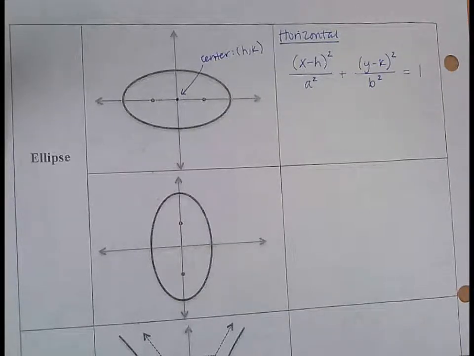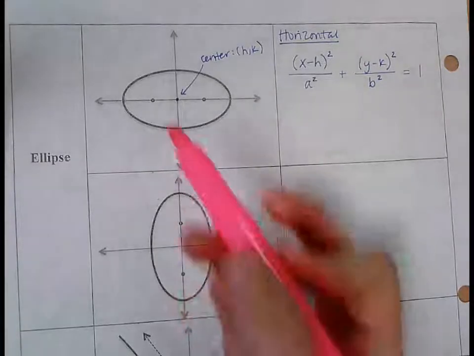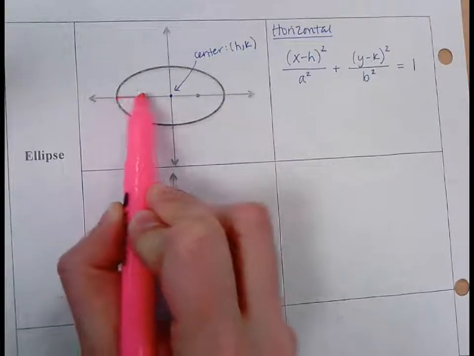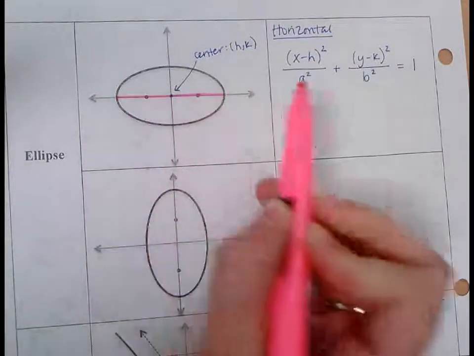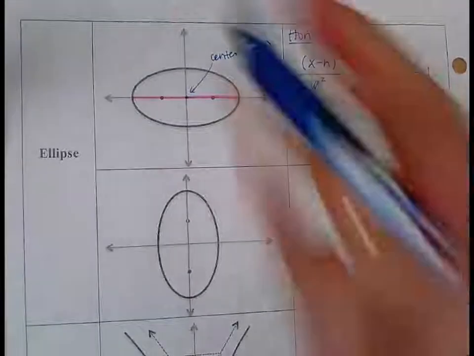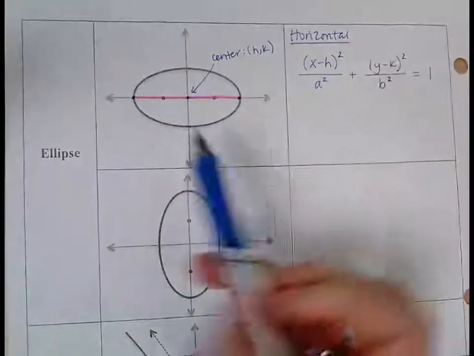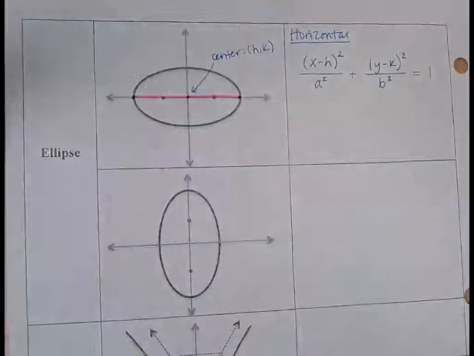Actually, I'll label the major axis next. So this segment here, and it does have endpoints on the ellipse, but that segment is the major axis.